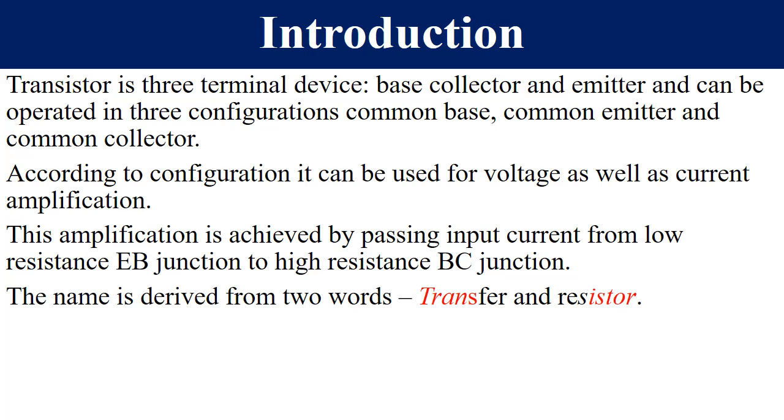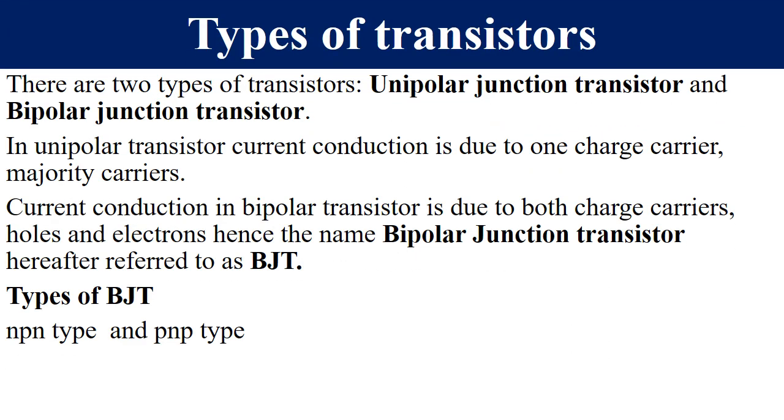The word transistor comes from two words joined together: transfer and resistor. And what do we mean when we say transfer resistor? We are simply saying the input signal is transferred from a low-resistance base-emitter junction to a high-resistance base-collector junction. It is important to also know that there are two types of transistors. One is unipolar, the other one is bipolar.